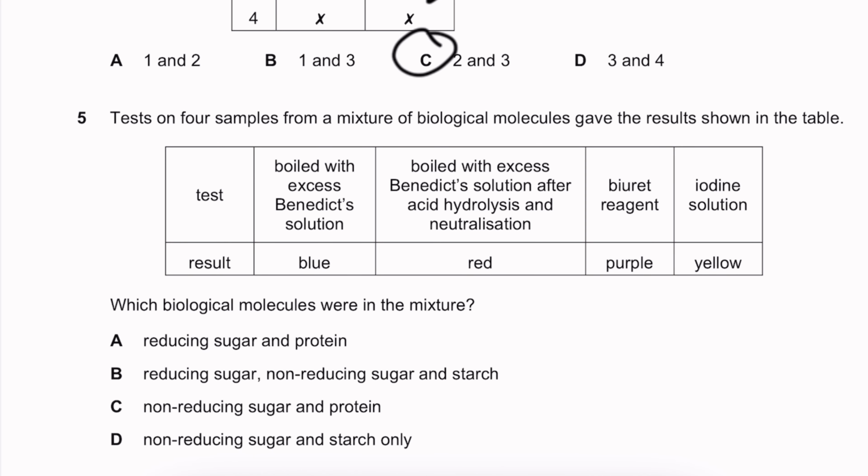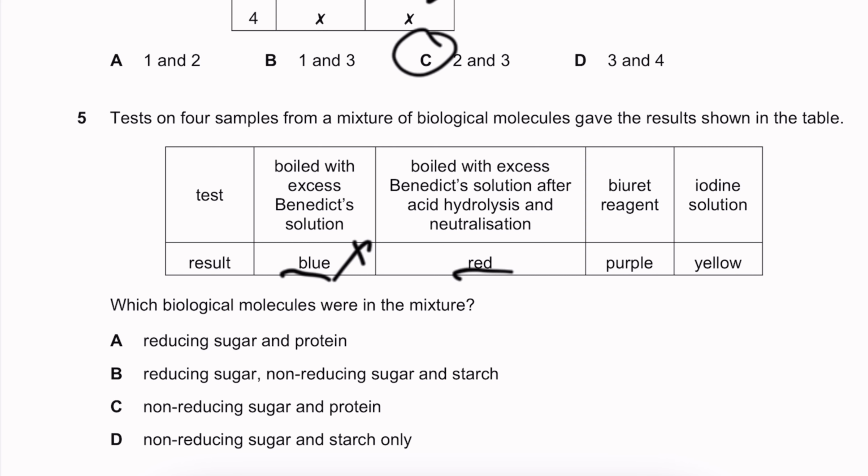Number 5. Tests on 4 samples from a mixture of biological molecules gave the results shown in the table. Which biological molecules were in the mixture? Let's see. Boiled with excess Benedict's solution, blue is a negative result, meaning that it does not have any reducing sugars. We can remove that. Okay, boiled with excess Benedict's solution after acid hydrolysis and neutralization.